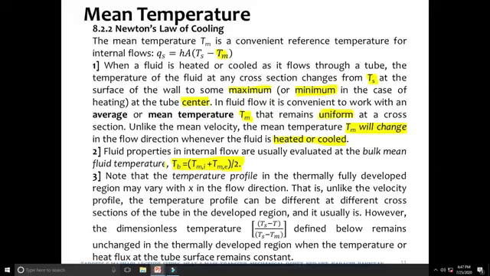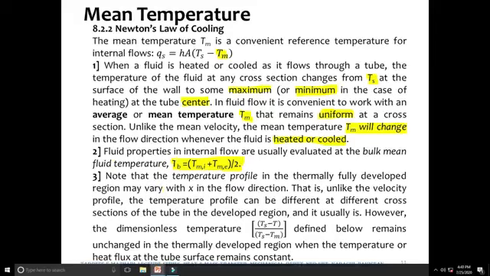But over here, in the case of internal flow, the mean temperature, or what we also call the bulk temperature, would be the temperature of the fluid. It will not involve Ts. Rather, it will be the temperature of the fluid at inlet and the temperature of the fluid at exit from the pipe. We will take the mean of those two temperatures and the properties will be evaluated at this particular mean temperature.